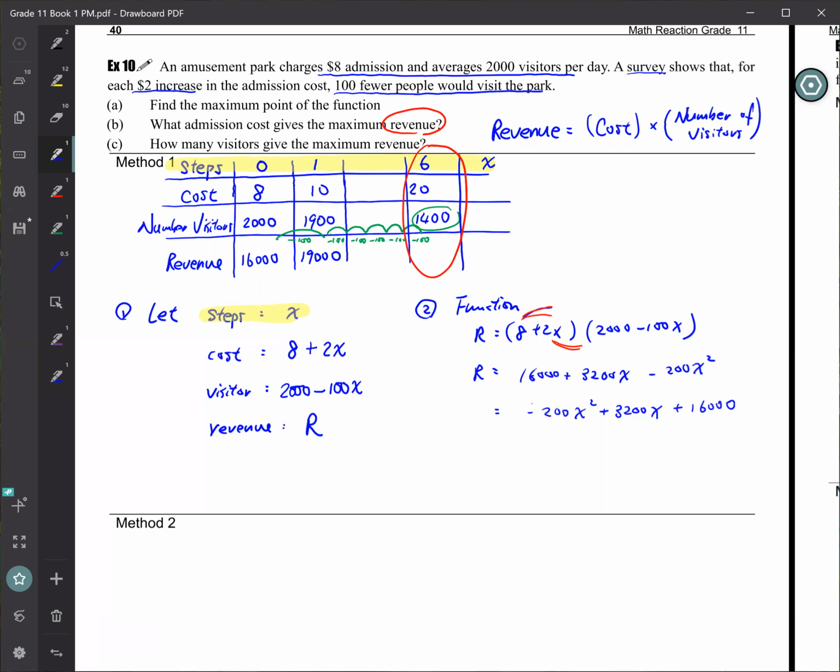Anyone got different? Does everyone agree with this one? This is a general so far. And then you got to turn it into standard. Please raise your hand if you have the standard form.